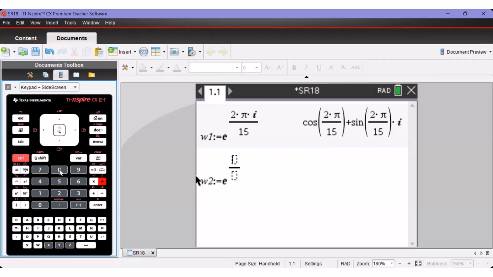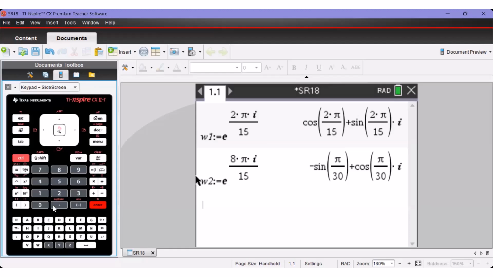And that's going to be 8 multiplied by pi multiplied by complex number I, down, and then enter 15 there in the denominator, and then press enter. And that's what the Nspire gives us for W2. And now what we can do is form this expression W1 to the power of 4 divided by W2.